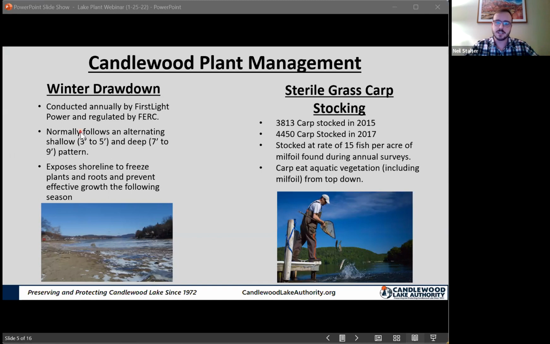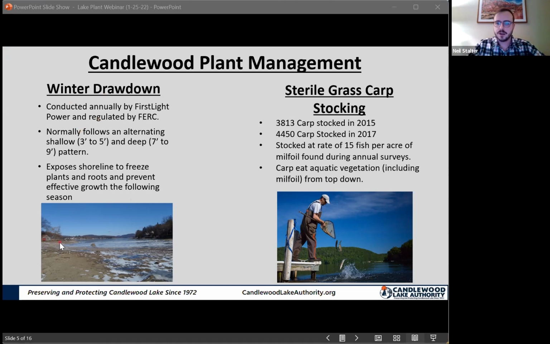What this does is it exposes the shallow shoreline to the cold air in the winter, and the hope is that it will freeze plant material and the root systems of those plants in the shallow areas and keep them at a lower level, making it harder for them to grow back the following season. And so that is the winter drawdown.